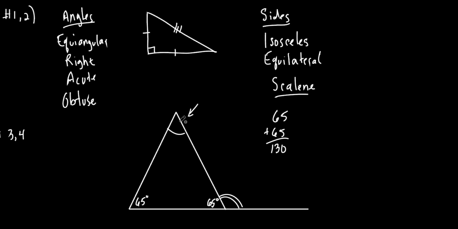But how do I find this angle? Is that 130? I had people do that. They add these up and say, oh, that's 130. It's 180 minus 65 minus 65 again, right? Which is 180 minus 130. And that gives you what? 50. So this angle is 50 degrees.